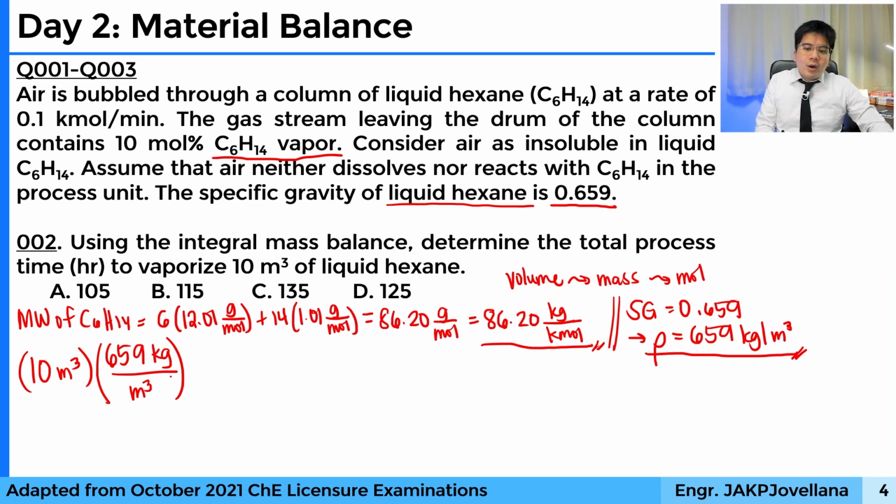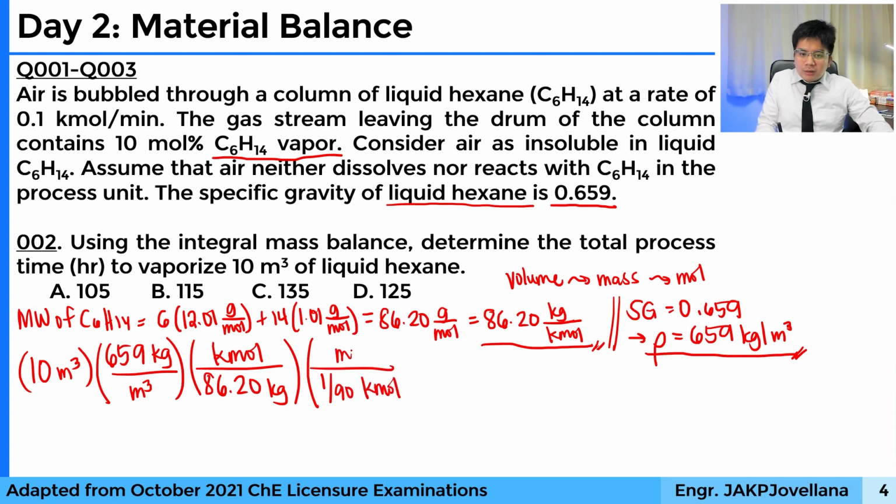Next, since we now have the mass of liquid hexane, we can now calculate the moles of liquid hexane that vaporize. So we divide the molar mass, 86.20 kilograms per kilomole. And then lastly, we have previously calculated the molar flow rate of hexane that leaves the unit. So we can divide the molar flow rate, 1/90 kilomoles per minute.